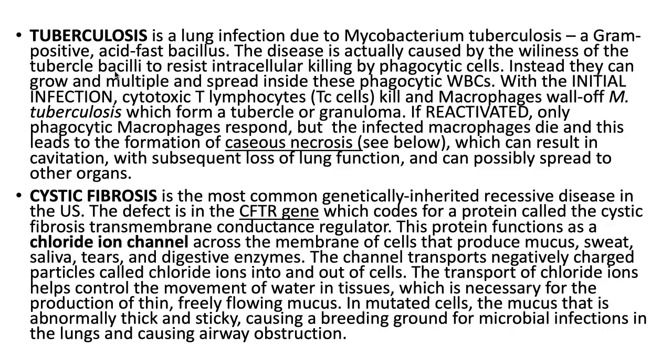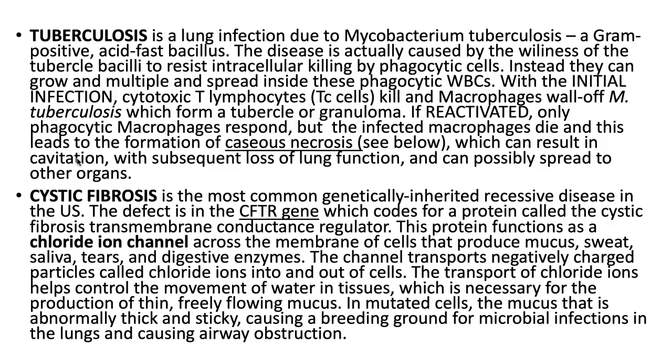And so with reactivation, in a very short period of time without intervention, the lungs can be totally destroyed. When you image it, the destruction of the lung, for some reason, someone thought it looked like cheese, so it's called caseous necrosis, and eventually that necrotic area of the lung will cavitate, or basically form a hole, and it can spread and so forth.